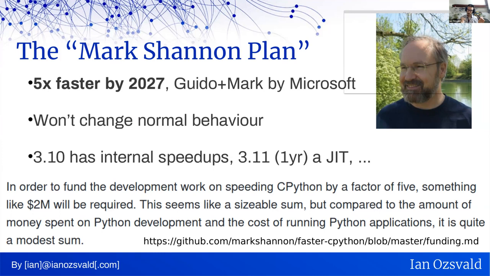It won't break backwards compatibility, and so it'll work with all the tools that we use, including our ecosystem's worth of tools, and it will give us, hopefully, a 5x speed up in some number of years, but a near-term goal.